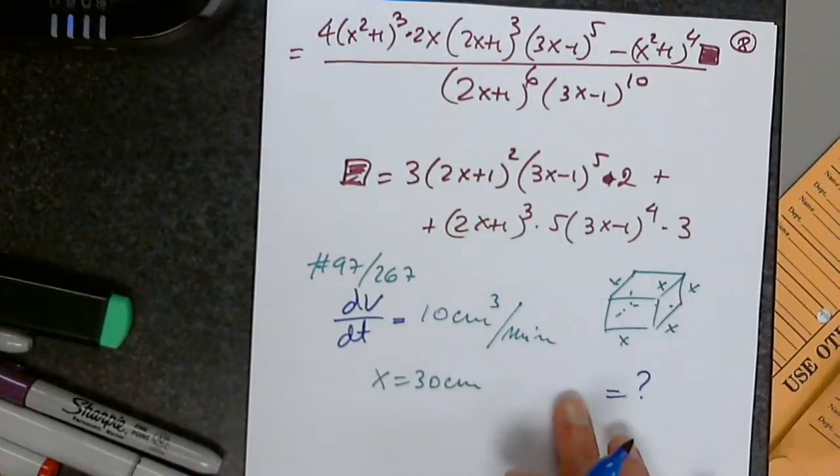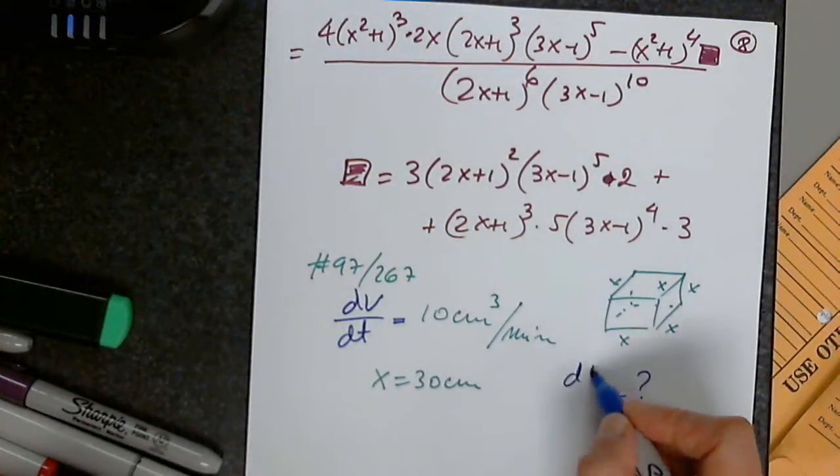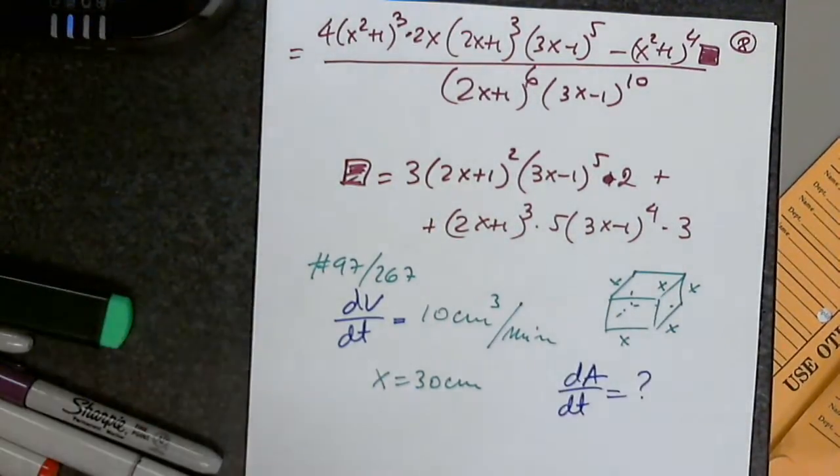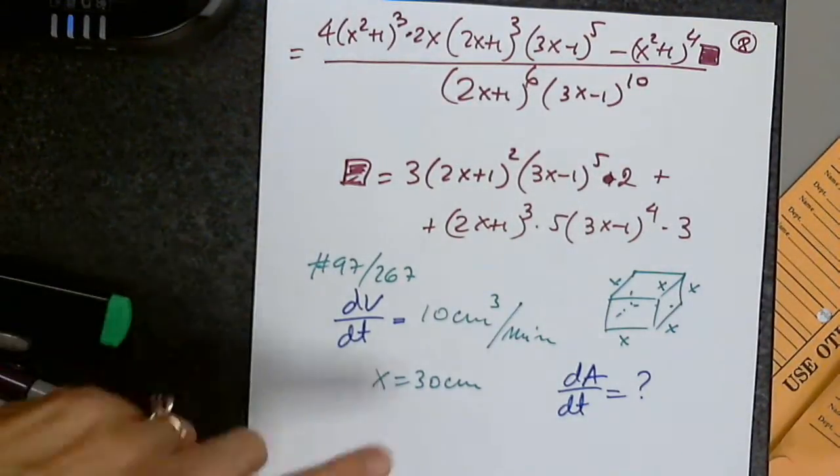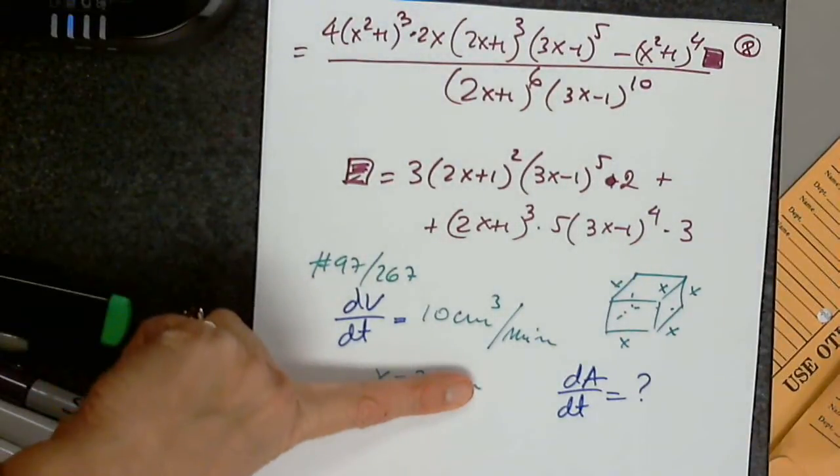What do I have to write here? Very good. Excellent. This is what I'm asked to find. I'm given dV over dt, and I am told find the rate of change of area with respect to time when blah, blah, blah. And if you remember, this cannot come into play till the very last step.